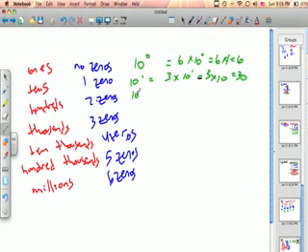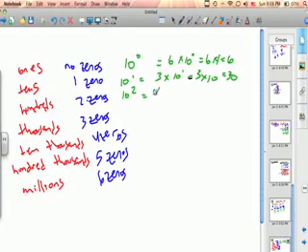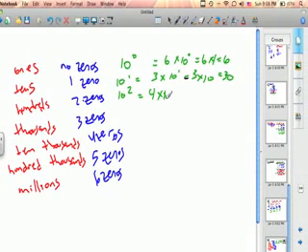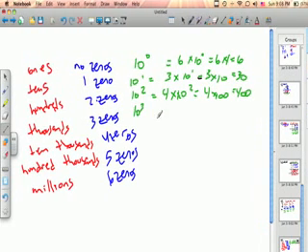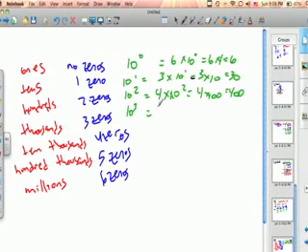For hundreds, what that means is the exponent's 2. So if I had like 4 times 10 to the second power, well, that's saying 4 times 100. So that's 400. And I can just keep going on and on and on.